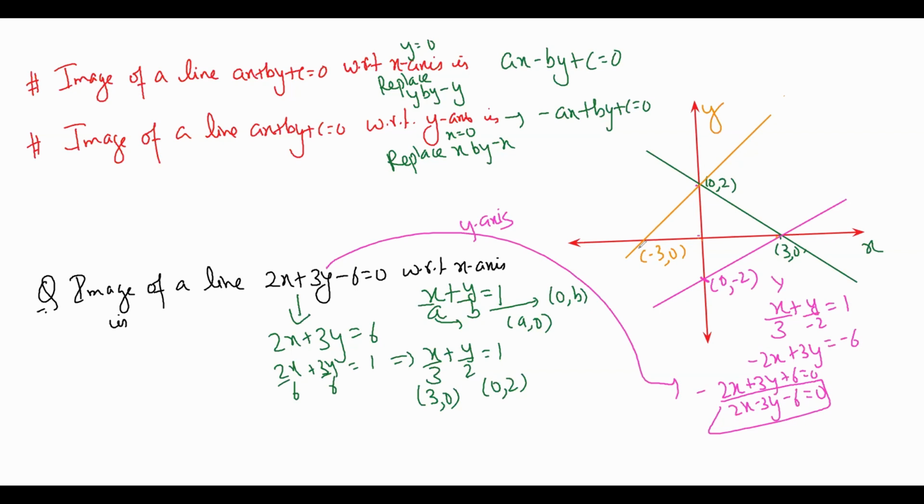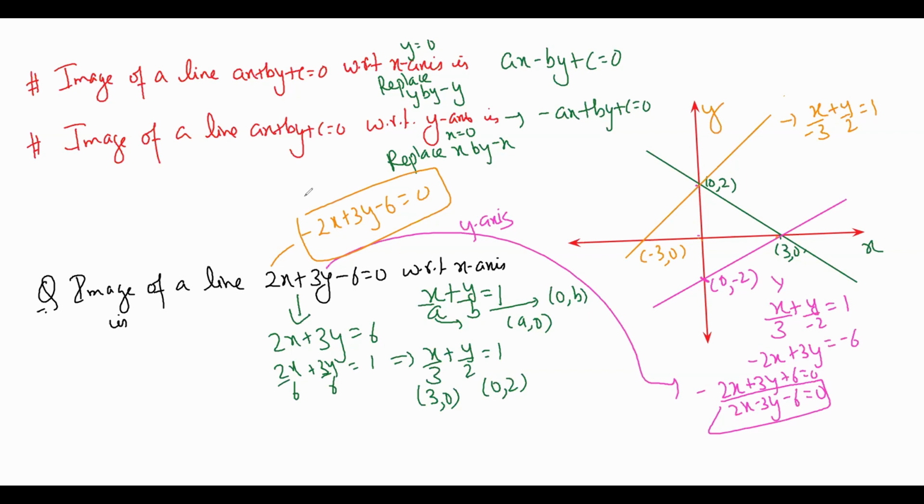Then the image must pass through (-3, 0), at a distance of 3 units on the left-hand side of the origin. Using intercept form, you get x/(-3) + y/2 = 1. After solving this, you conclude that you have just changed the sign before the x term of the line. That means directly you can write -2x plus 3y minus 6, and from the diagram also you get this. Okay, this is how we obtain the image of the line with respect to the x-axis and y-axis.